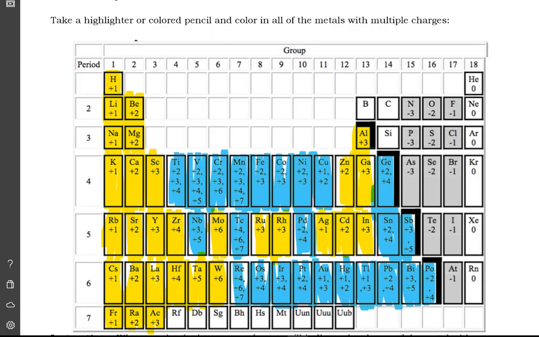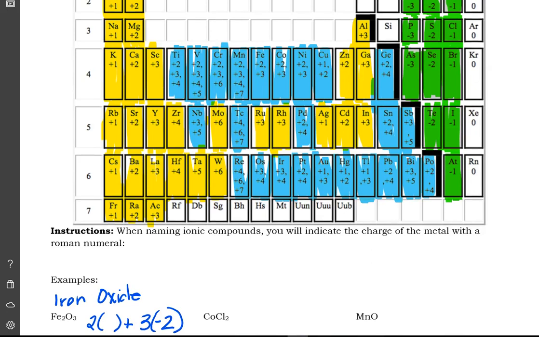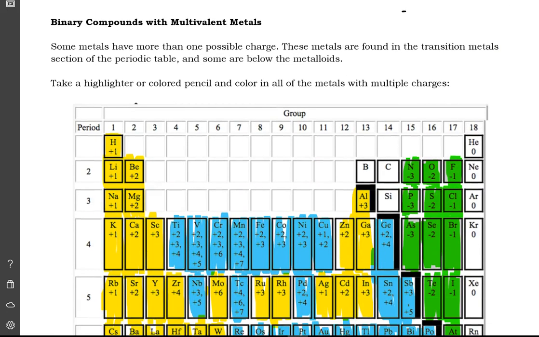Now get a green highlighter and all the negative ions, which happen to be in gray on here, we're going to color in green. These guys are monovalent anions.